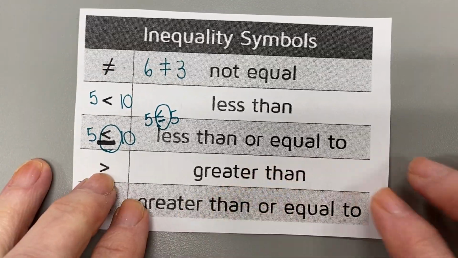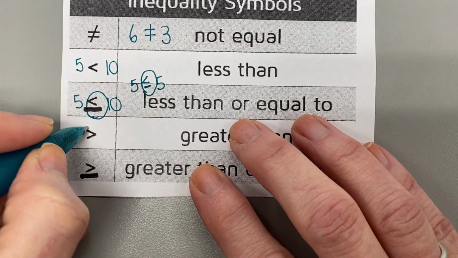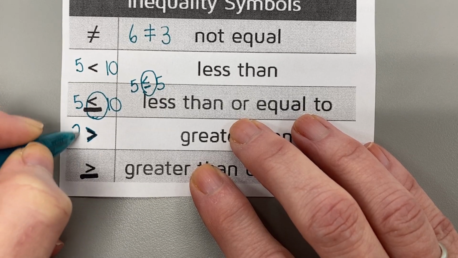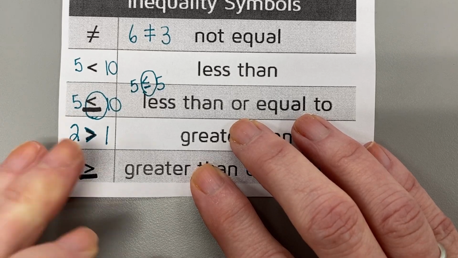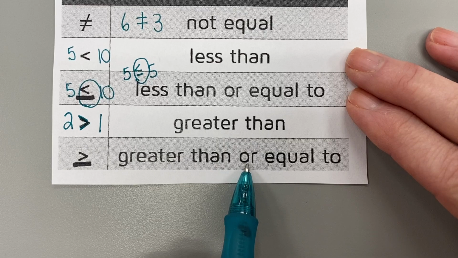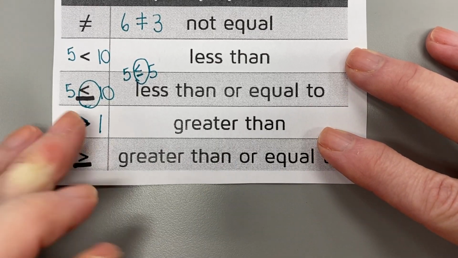All right, the next symbol, greater than. You should know this one from the last unit. I asked you to memorize that symbol, greater than. 2 is greater than 1, true story. And finally, greater than or equal to. So you have this greater than with part of the equal sign underneath it.